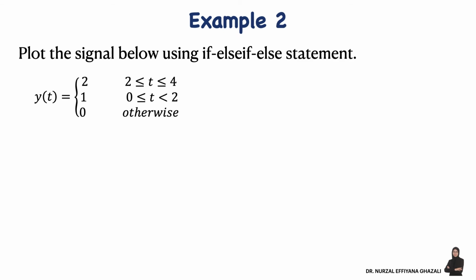Next, we go to the second example, where I want to show you how you can use an if-else statement to plot this signal. So it's quite the same as the previous example, but now we need to add else if, since we have more than 2 conditions.